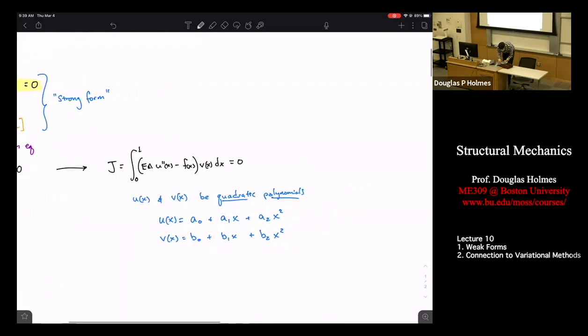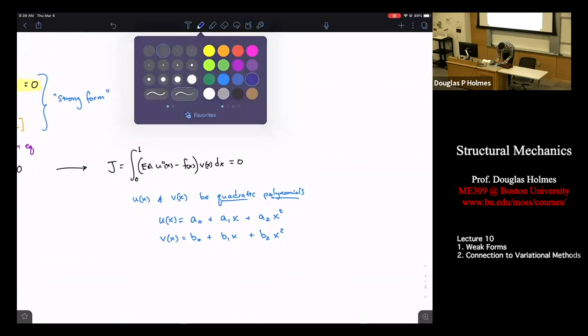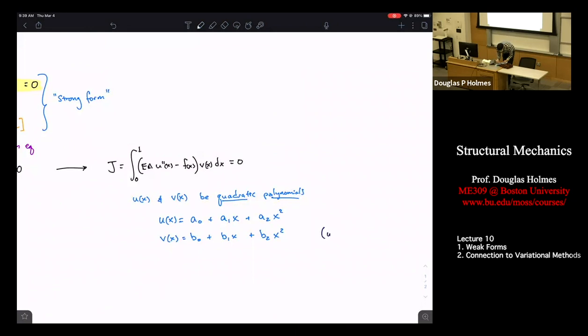And these, again, we know that this is our weight function or test function. And in the FEA world, the guess that we made for u would be referred to as the trial function.